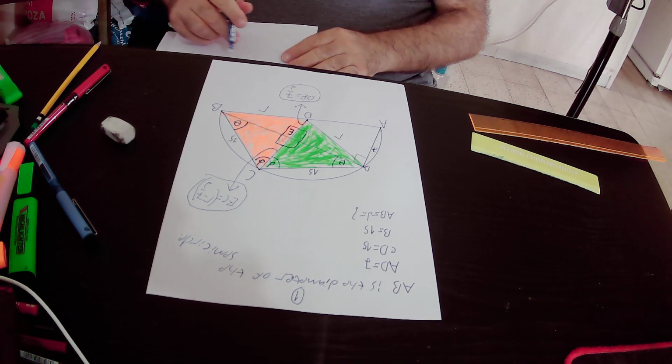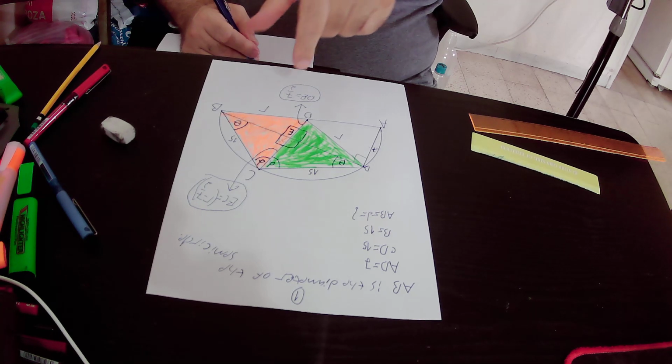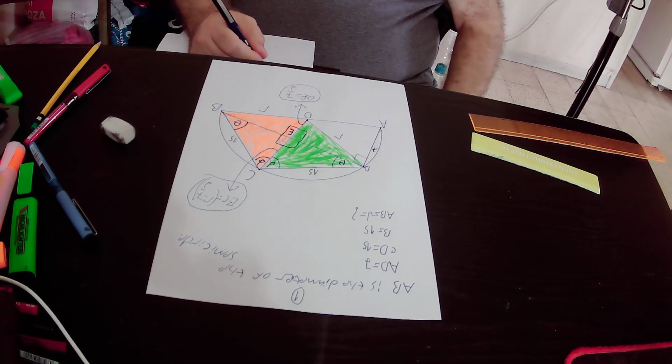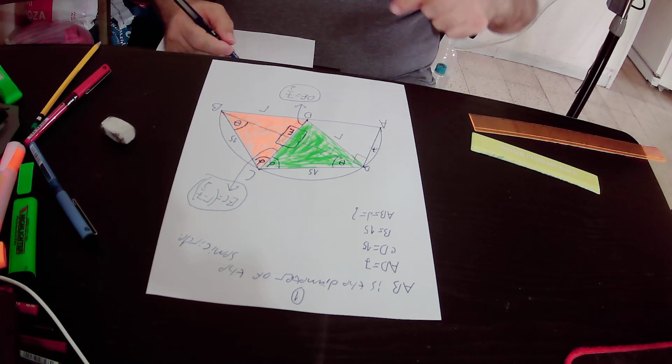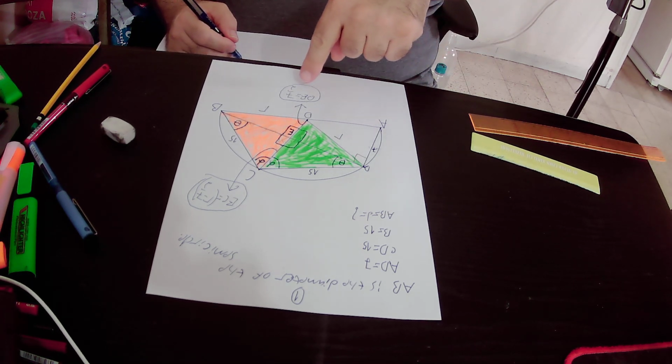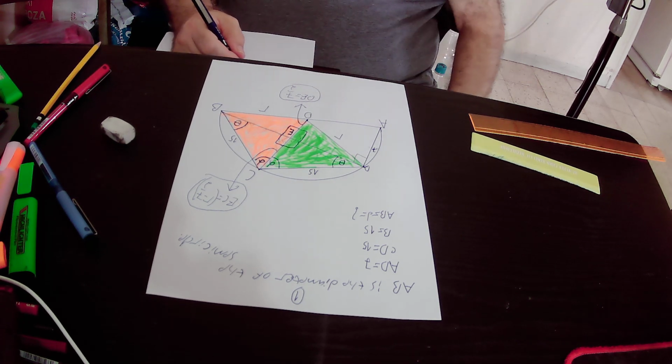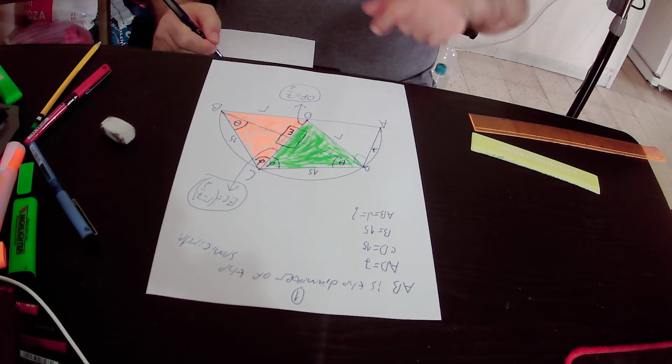OB equals the radius, so OB square equals R square minus OE square. The value of OE is 7 over 2, so OE square is 7 over 2 square, that is actually 49 over 4, equals CB square.